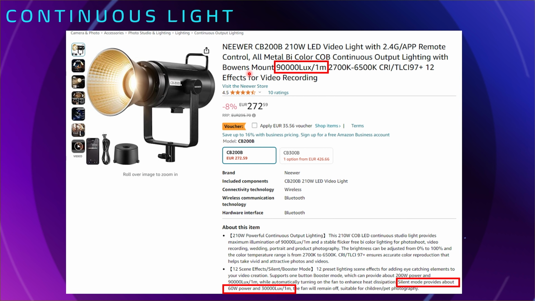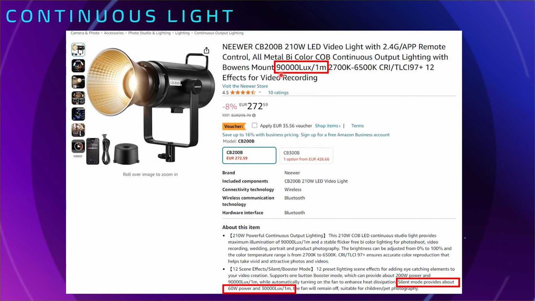Suppose you are keeping this light as a source of light and your subject is 10 meters away from the light, you will get only 900 lux based on the equation we learned in the inverse square law. That is, the total lux produced by this light, 90,000, divided by the distance, 10 meters, raised to 2, is 100, equal to 900. 900 is the lux you will get on the subject.